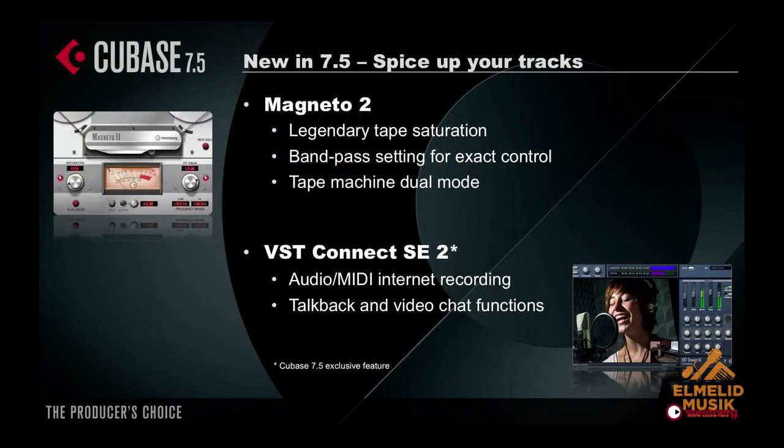And Magneto 2. It's a tape saturation effect, and it's really cool. I use it all the time because it has a tape solo function, and when you press that tape solo function, it can tell you in what range you're adding saturation. Because often some of my friends might go like, okay, I created this new song, you should listen to it, and the saturation really finished my whole mixing process.